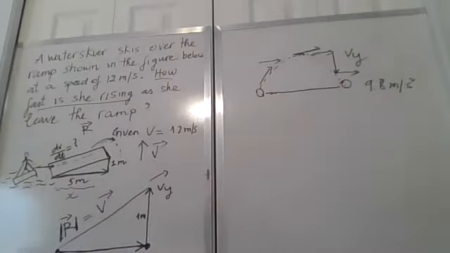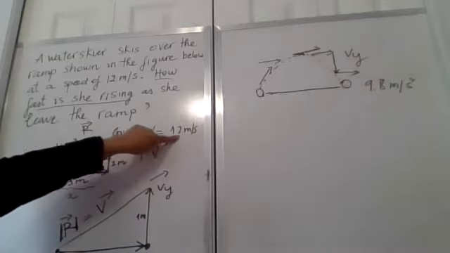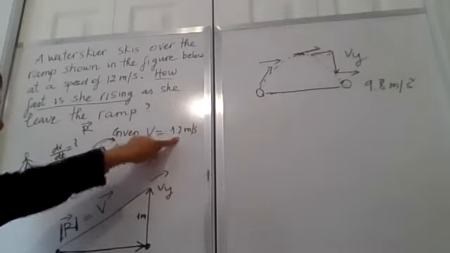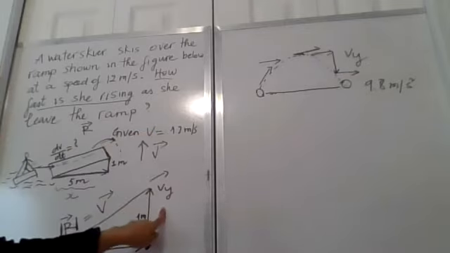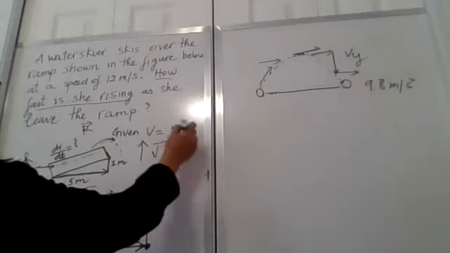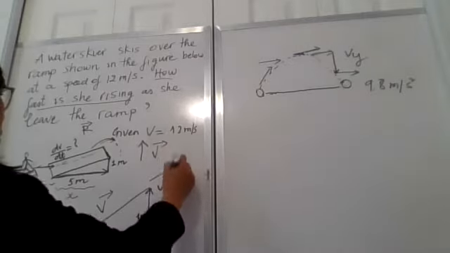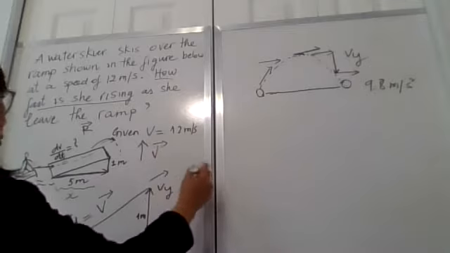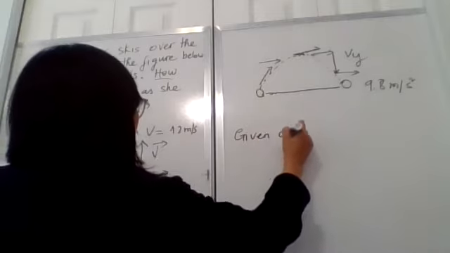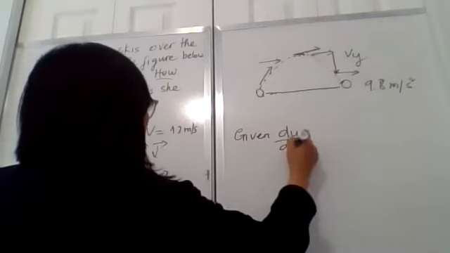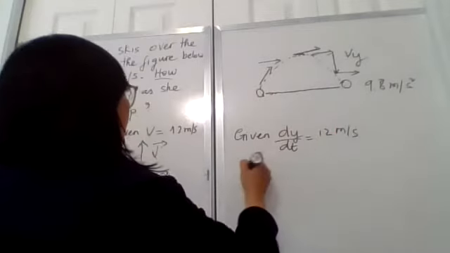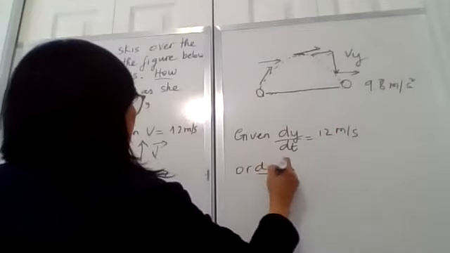My question to you is, is this velocity component her horizontal velocity or her vertical velocity? Think for a moment. Do you decide this given is dy over dt equal to 12 meters per second, or dx over dt? What do you think?